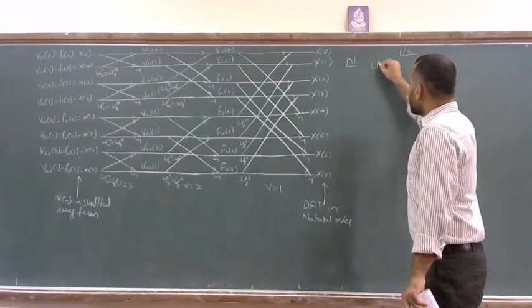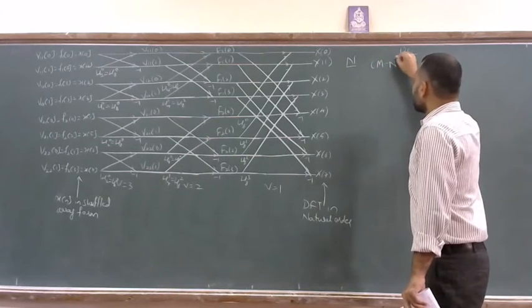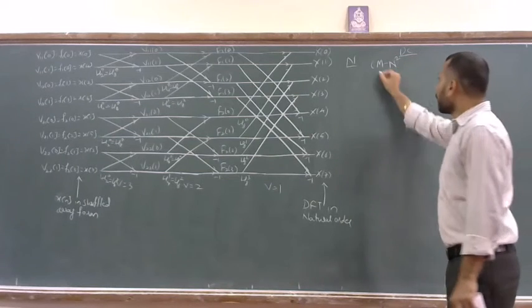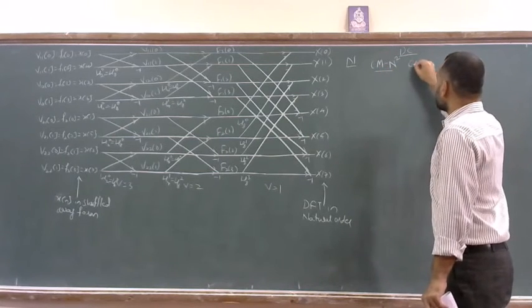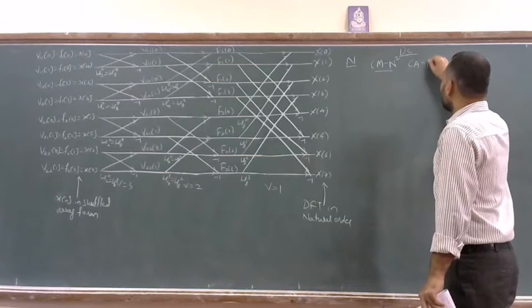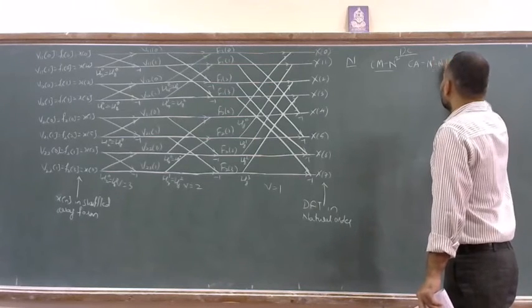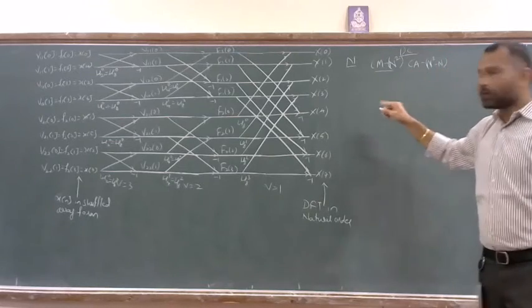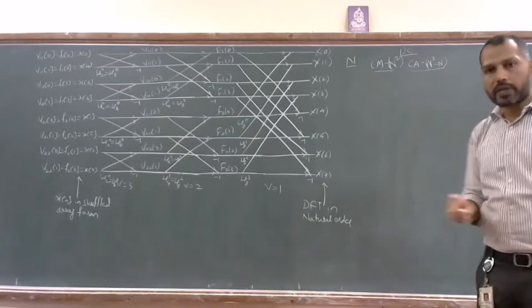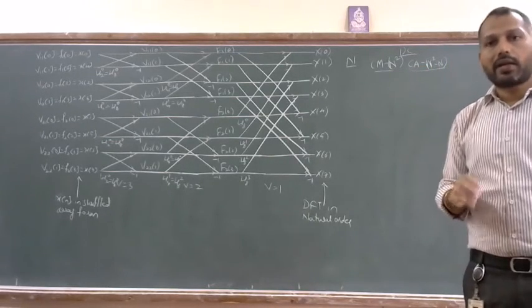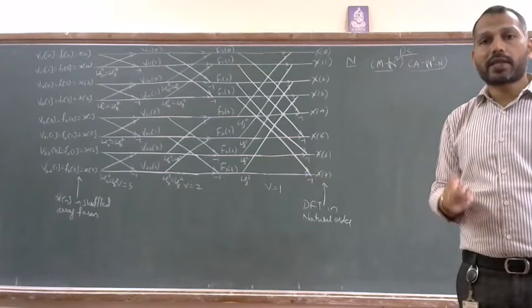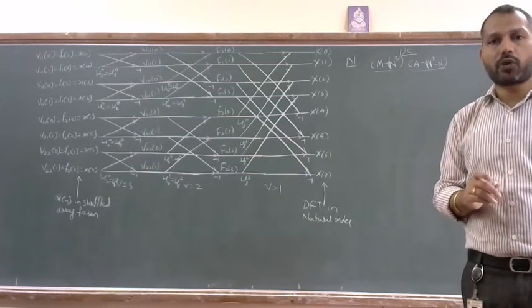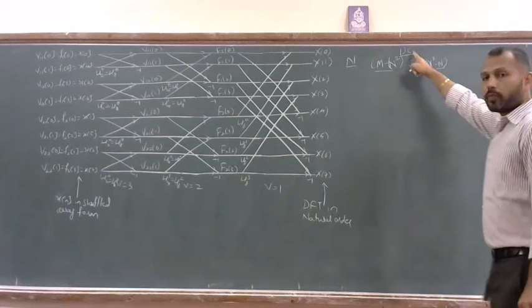Complex multiplications required are N square, and complex additions required are N square minus N. Now we had obtained these values, N square complex multiplications and N square minus N complex additions to compute N-point DFT by using the direct computation method.